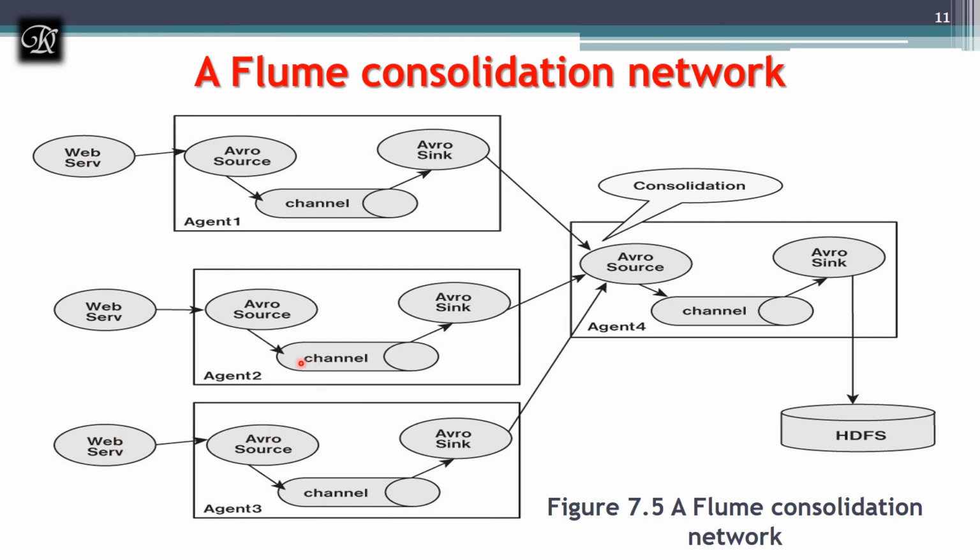From all these I am capturing the data and I want to store it in HDFS. I capture the data in parallel, and later put it through a single channel. I said a source can be connected to multiple sources in the earlier discussion, and now I am consolidating over here and putting it to the final destination. And here we are making use of Avro.